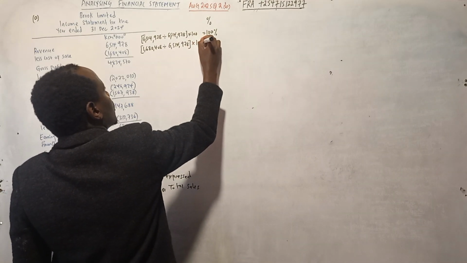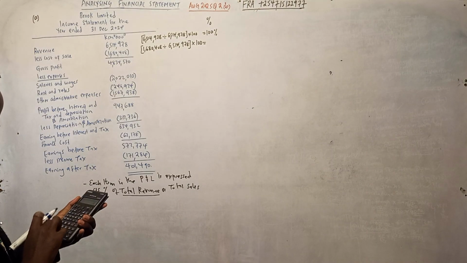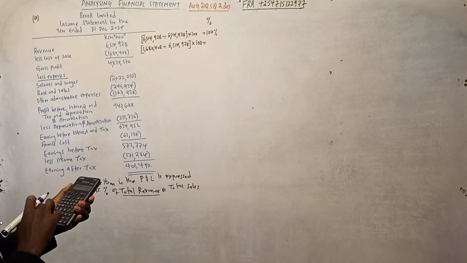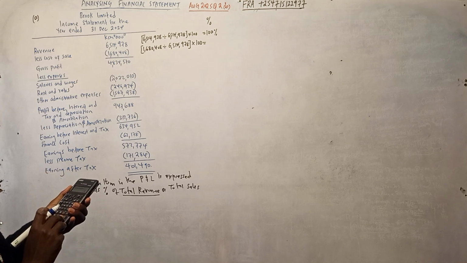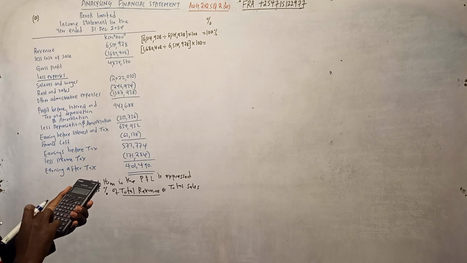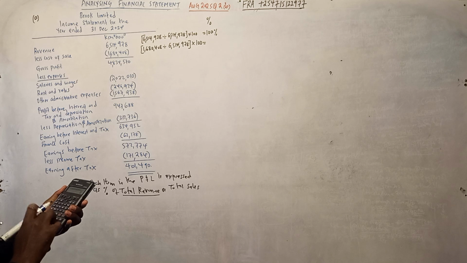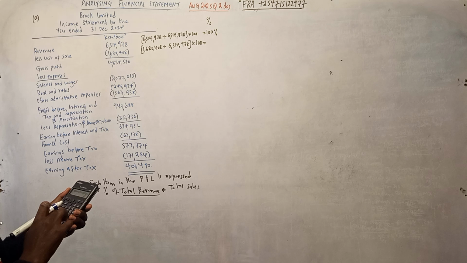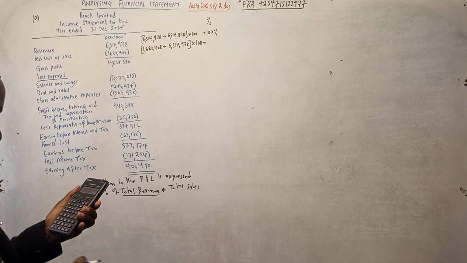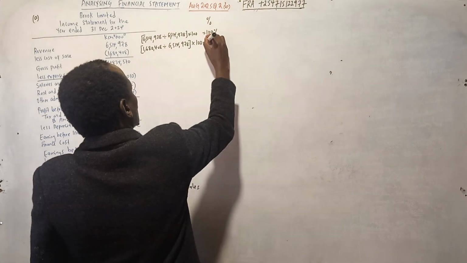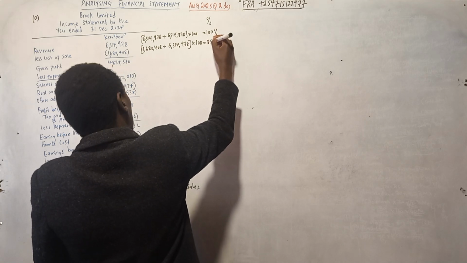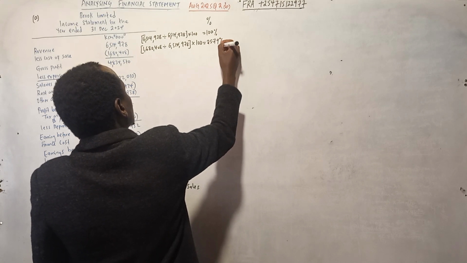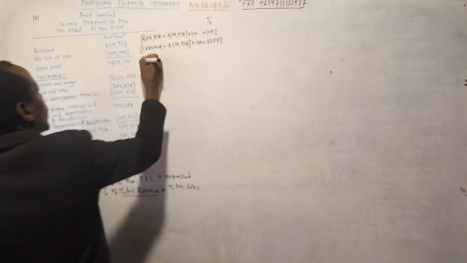You multiply by 100 to get it in the form of a percentage. That will be equal to 25.79%.